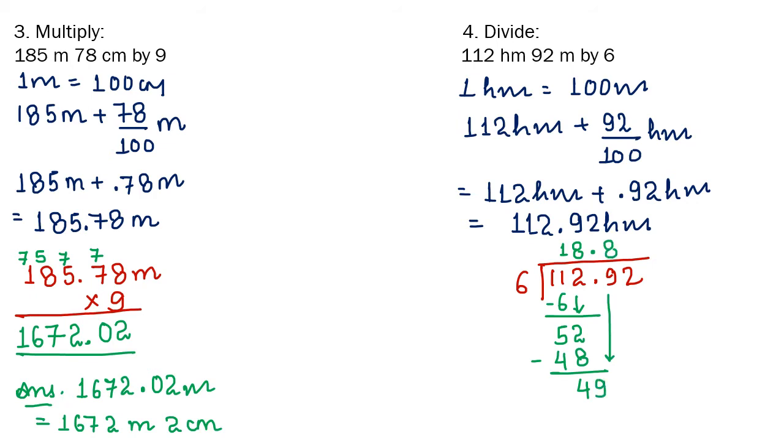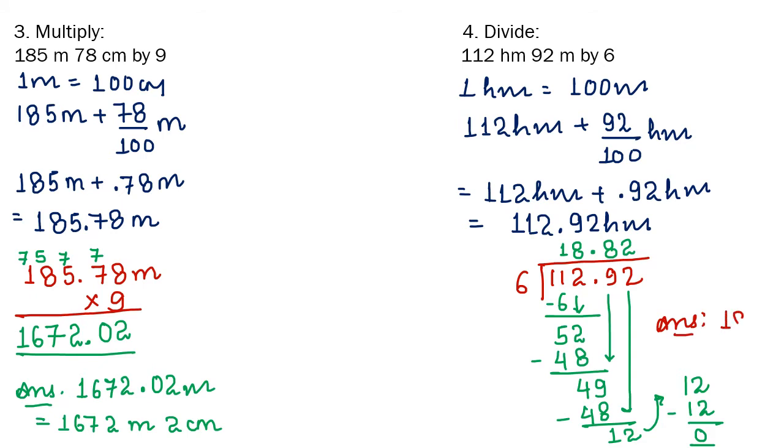Again 6 eights are 48. 1 is left, bring down 2. So here we got 12. Now 6 twos are 12. Subtract them, 0 will be left here. Therefore answer is 18.82 hectometer. This is the final answer.